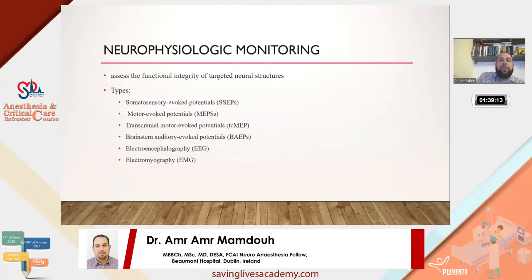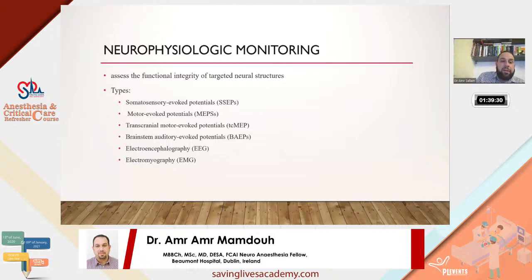Types of neurophysiological monitoring. Its function is to assess the integrity of the structure of the neurons itself and the whole neurological pathway. We have different types, and every type will measure specific areas in the neural system.